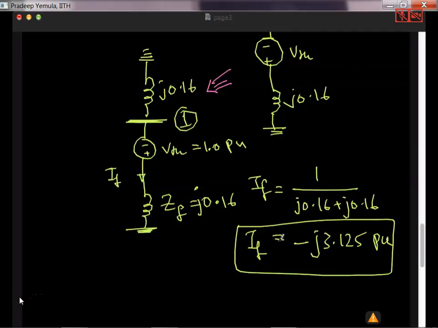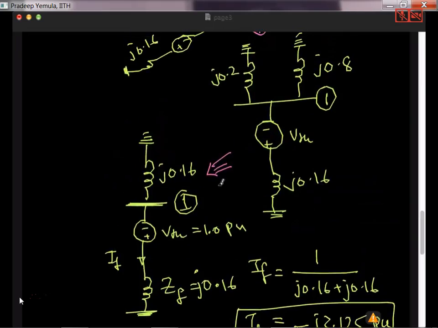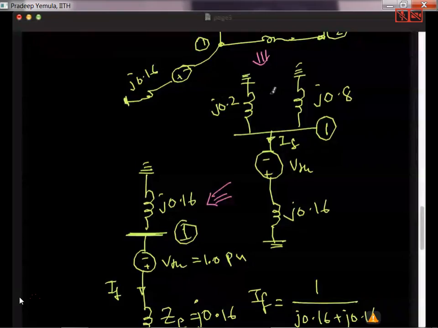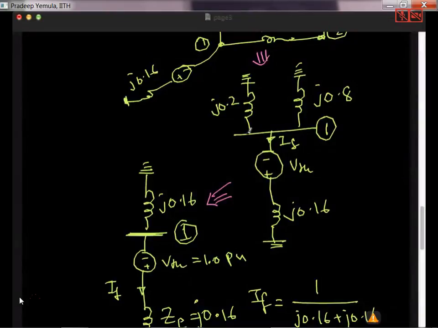Now I can also ask the question, how much of current is coming from each generator? So if I just go up one step, so here the fault current is this much. So there are two branches. So this branch is completely coming from first generator, this branch is completely coming from second generator. So I can calculate what is the fault current coming from the first branch simply by using the current division rule.